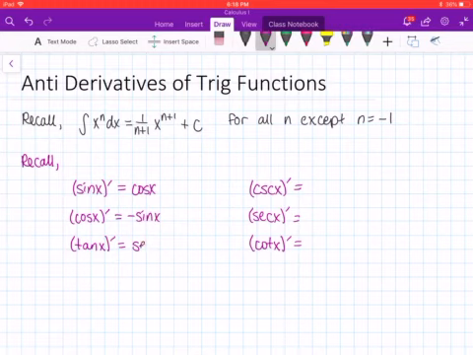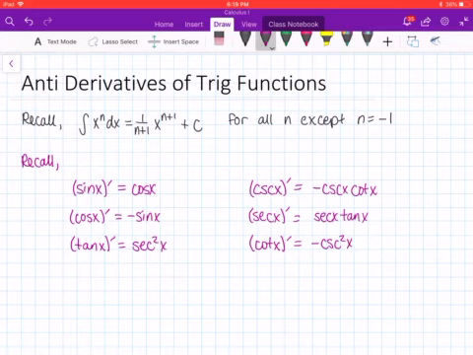Tangent, the derivative was secant squared x. We got cosecant is negative cosecant x, cotangent x. Secant was secant x, tangent x. And then cotangent was negative cosecant squared x.